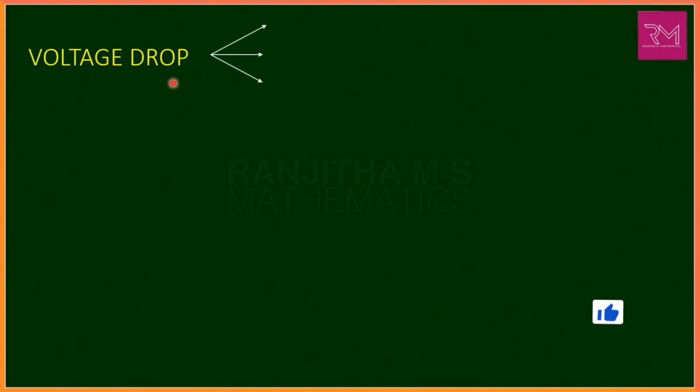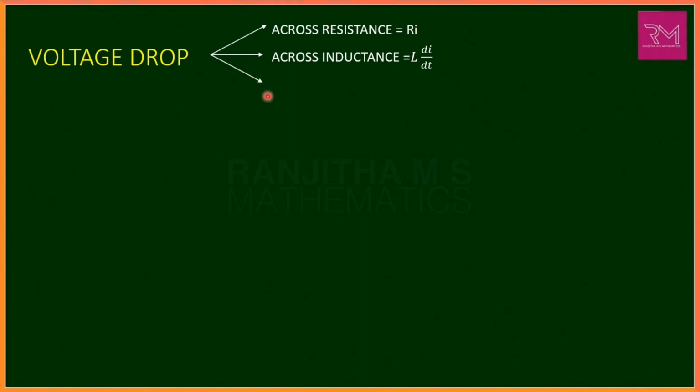Here, voltage drop may be of three types. First is across resistance, second across inductance, and third across capacitance. The voltage drop across resistance is denoted by R into I, where R is the resistance and I is the current. Across inductance, the voltage drop is written as L into di by dt, where L is the inductance and di by dt is the derivative of current with respect to time t.